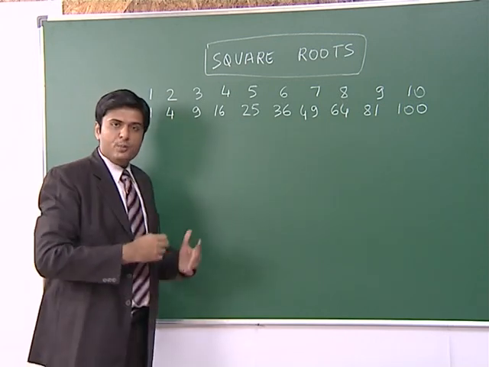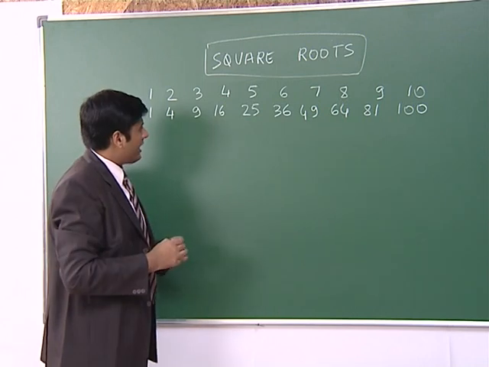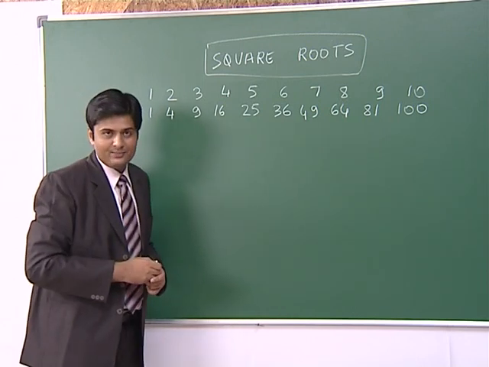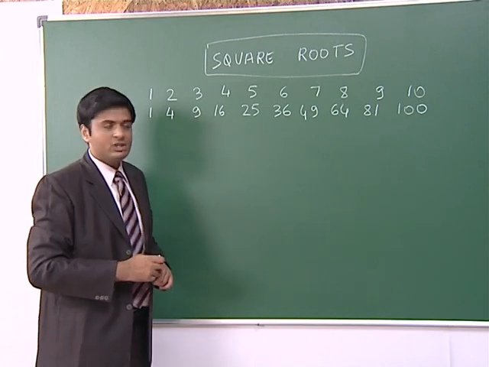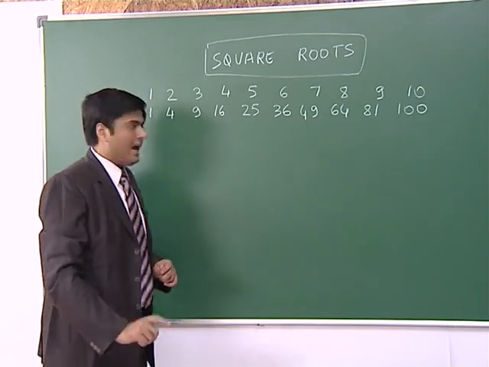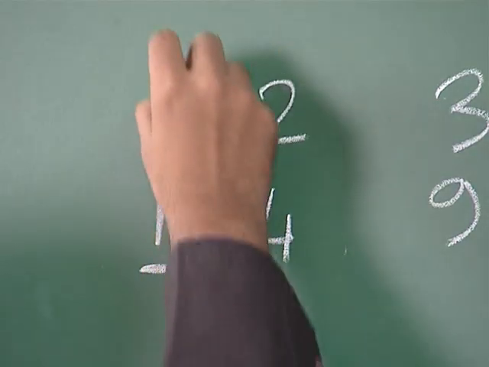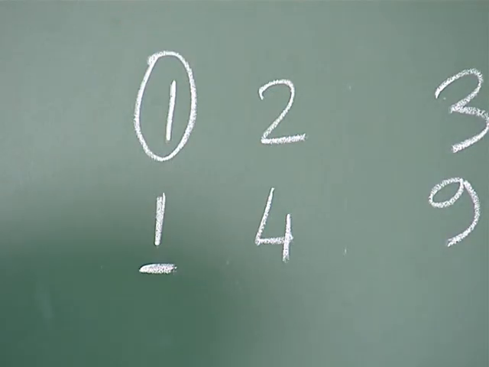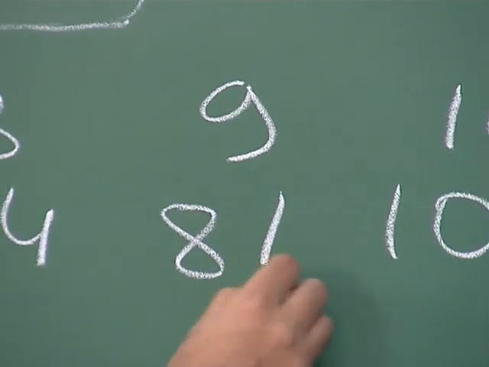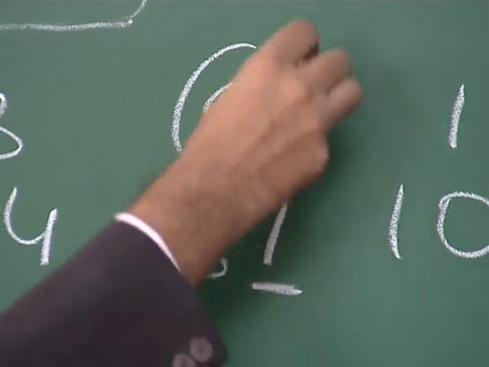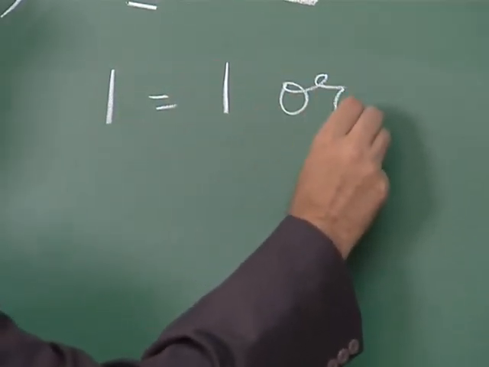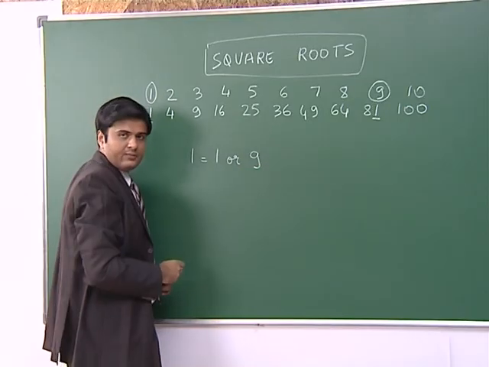So, like we observed in cube roots, again we are going to observe certain relationship between the digits. Let us see what is the relationship between the digits. We observe, friends, that if the square ends in 1, the square root ends in 1, or if the square ends in 1, square root ends in 9. 1 equals 1 or 9.